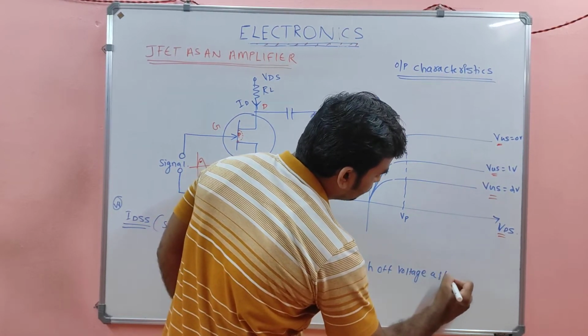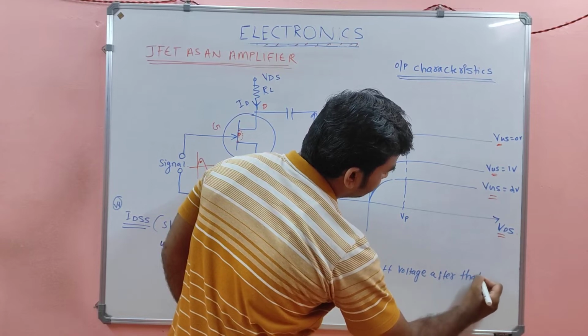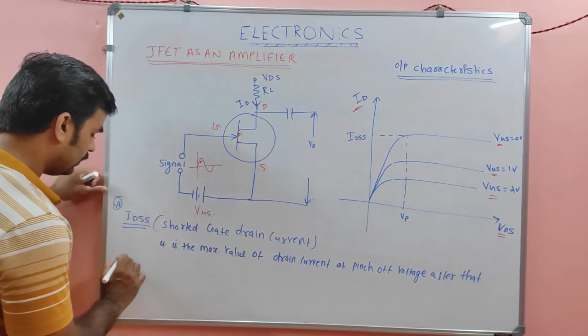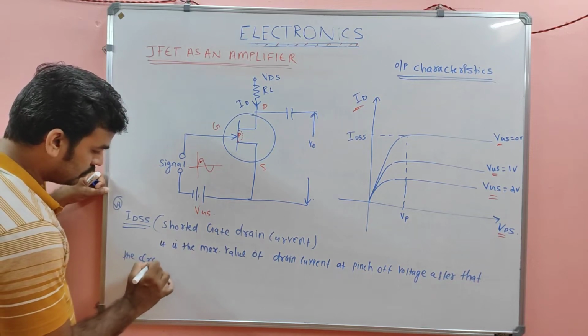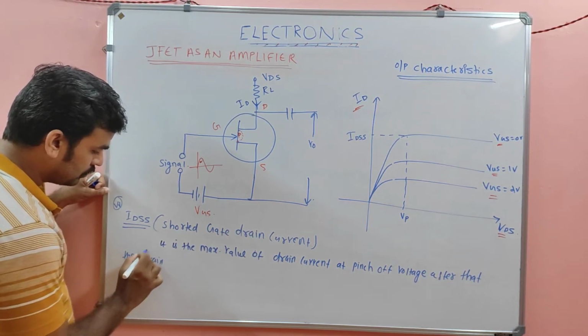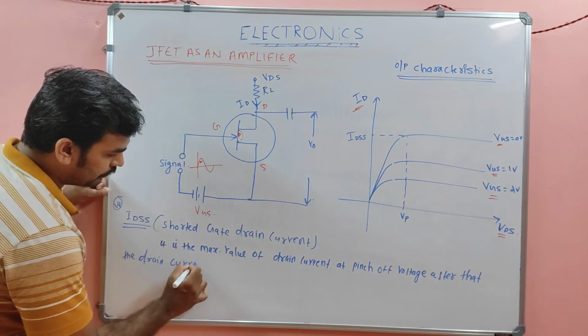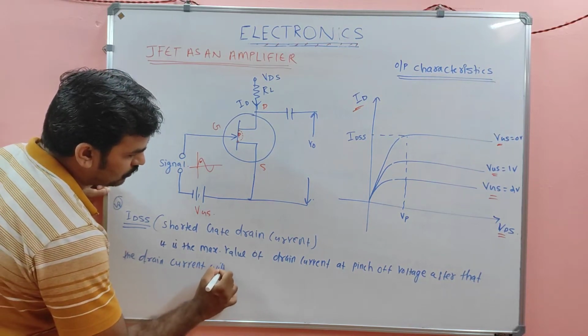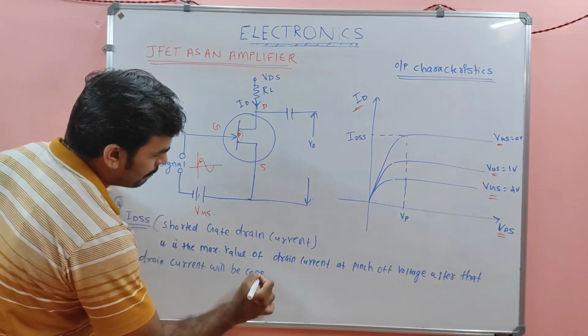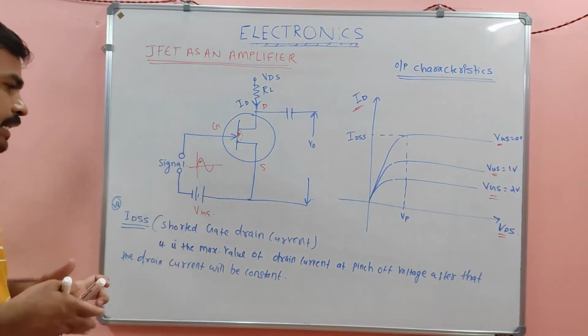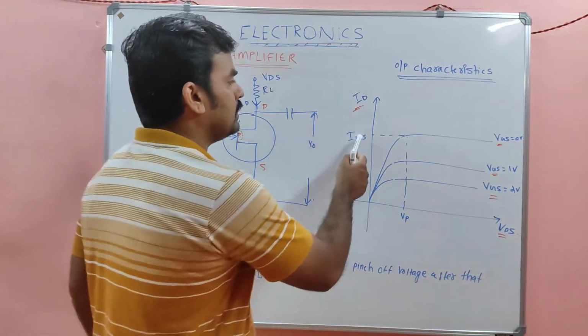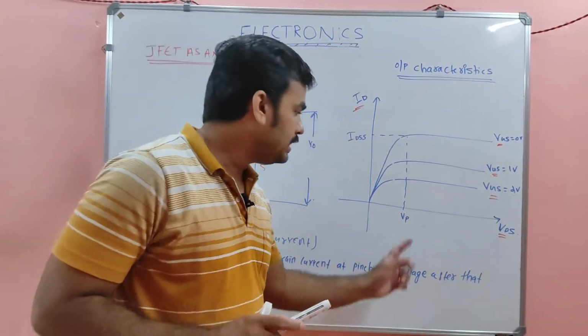After that, the drain current will be constant. So shorted gate drain current is nothing but the maximum value of drain current at the pinch-off voltage.